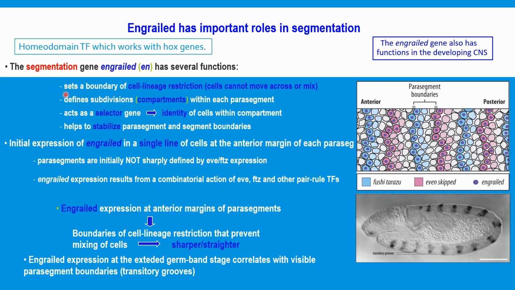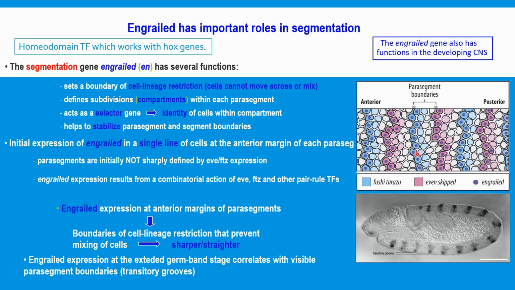Back to this point now, engrailed sets up a boundary or a border where it's expressed that restricts cell lineage. That means that cells that are not expressing engrailed cannot move through the border or mix with the engrailed cells. So it defines subdivisions, compartments within each parasegment.